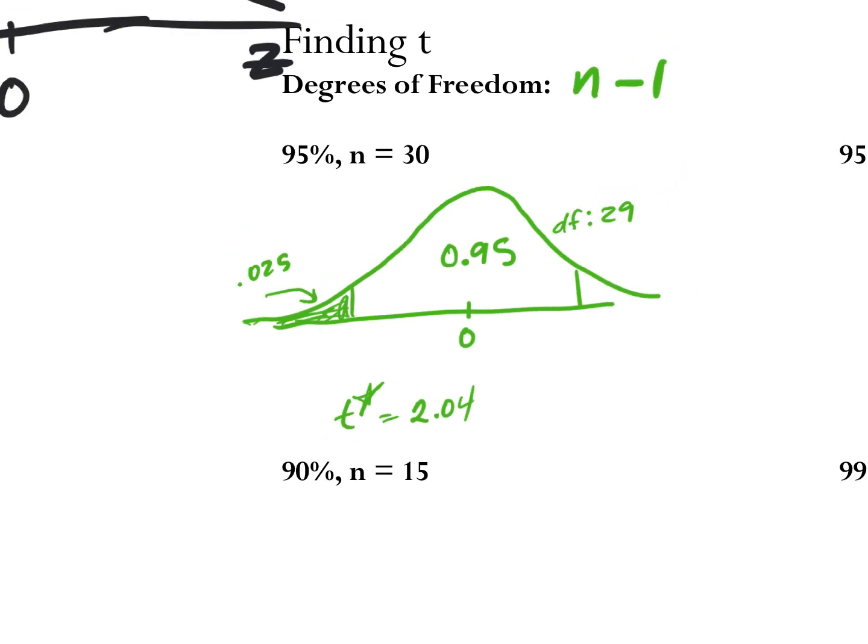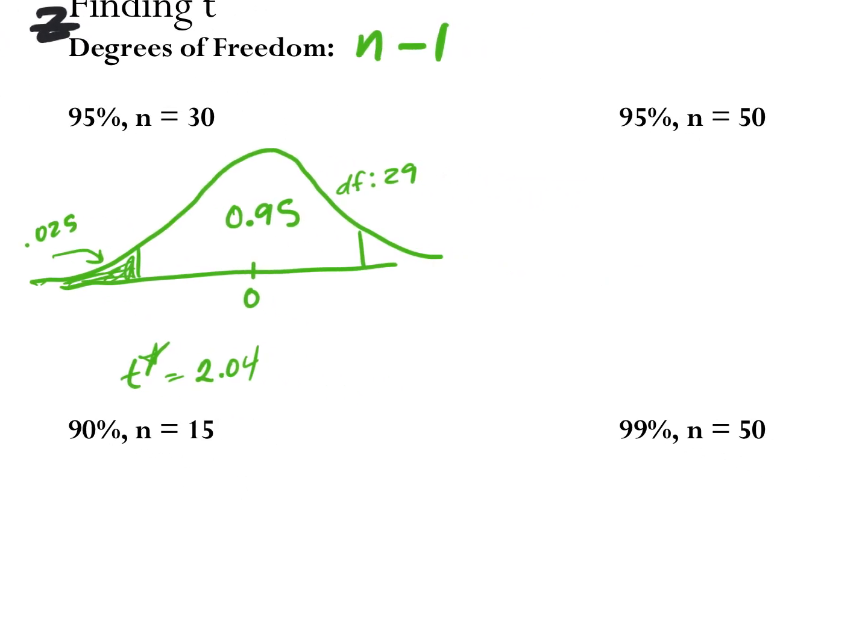Cool. How would that change? Before we actually do this next one, if I go with this larger sample size, S is becoming a better estimator of sigma, what should happen to my critical value? It should go down. More importantly, instead of saying going down, what if we said it's going to get closer and closer to 1.96?